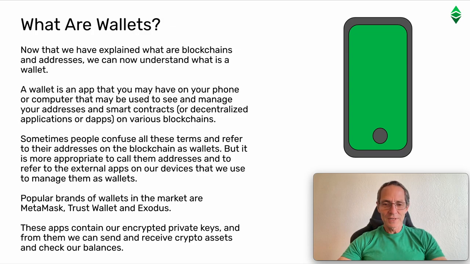Sometimes people confuse these terms and refer to their addresses on the blockchain as wallets, but it's more appropriate to call them addresses and to refer to the external apps on our devices that we use to manage them as wallets. Popular brands of wallets in the market are MetaMask, Trust Wallet, and Exodus. These apps contain our encrypted private keys, and from them we can send and receive crypto assets and check our balances.